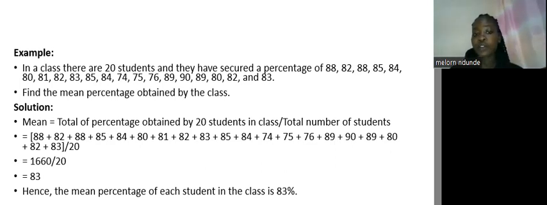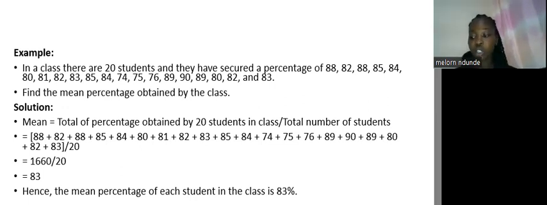Now that you've added all the percentages obtained by the class, you divide by the total number of the data given, and the data given is 20.